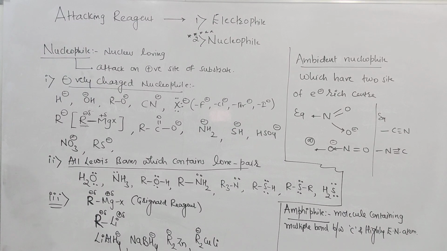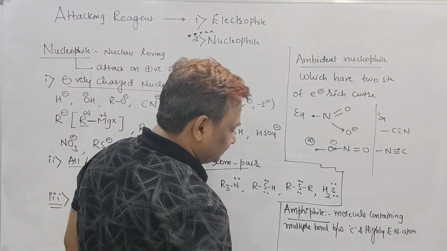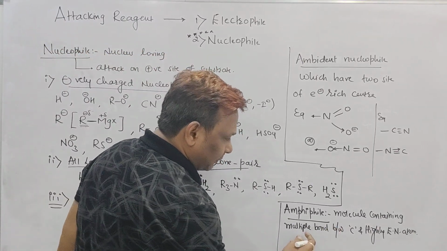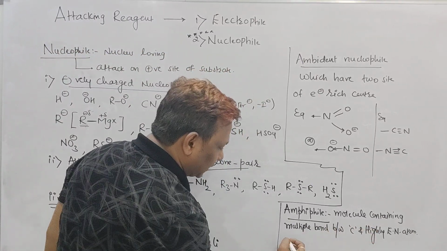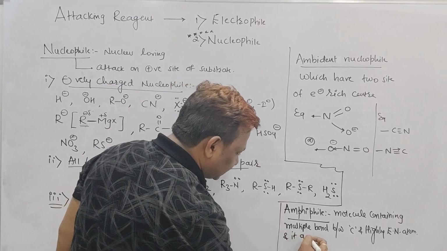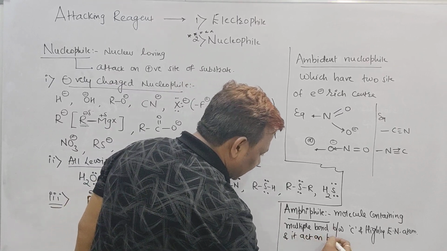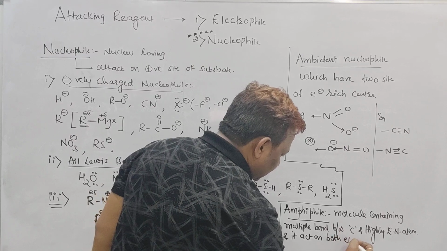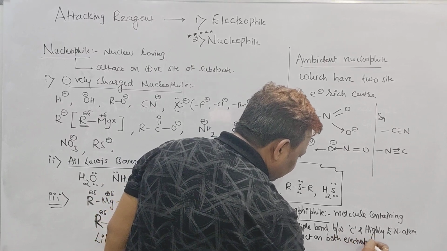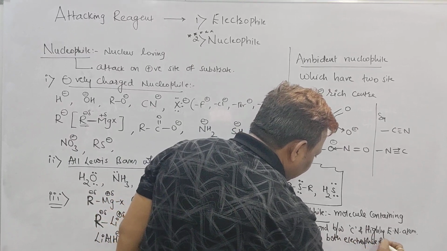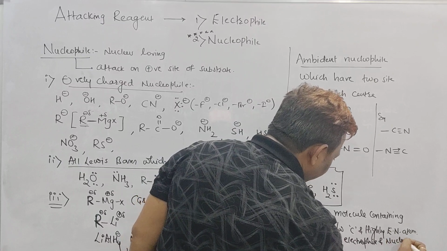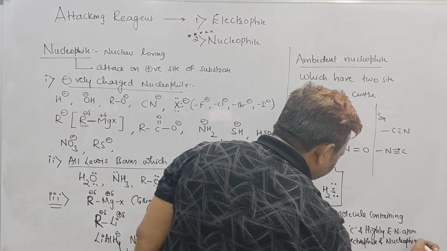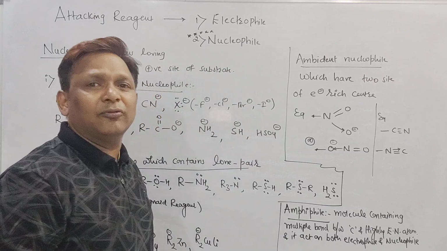Such species are called amphiphile, because in that one it acts as an electrophile as well as a nucleophile, beta. It acts as both electrophile and nucleophile.